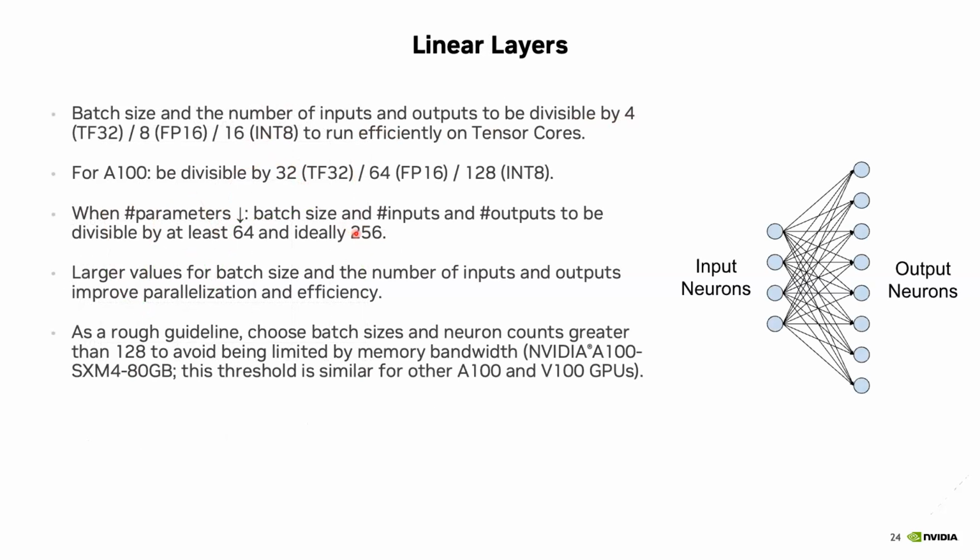Another recommendation is that when we have a small number of parameters, the number of input and output channels should be divisible by a large number, like 64 to 256. And overall, usually the batch size we also want to increase as much as possible, as there was a question after the previous talk, because it's the simplest way to increase parallelization of the compute that's going on there.